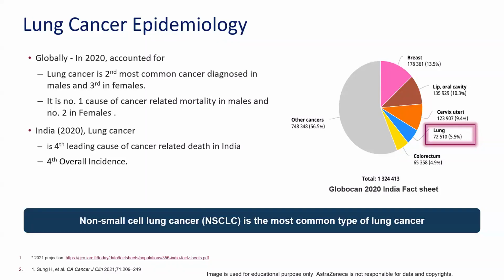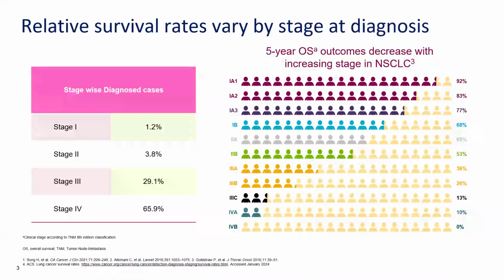Looking at stage-wise presentation, most of us usually see stage 4 lung cancers by the time they come to us, and very few are stage 1. Stage 3, yes, we still see up to 30%. The 5-year overall survival decreases as the stage increases, as expected. Next slide.